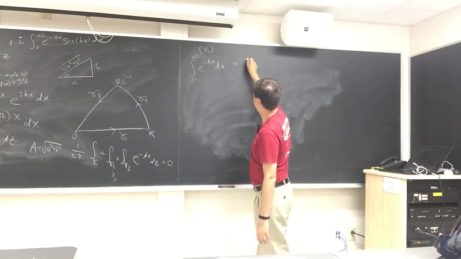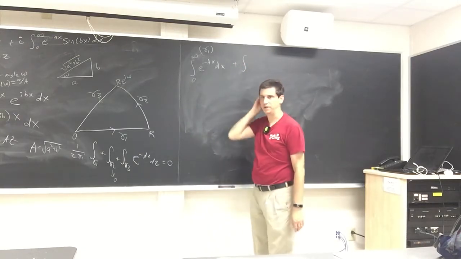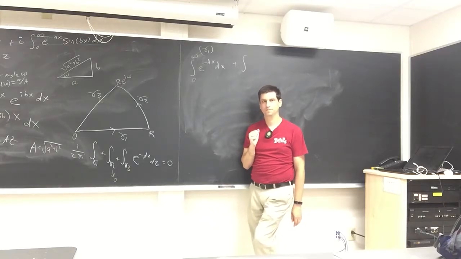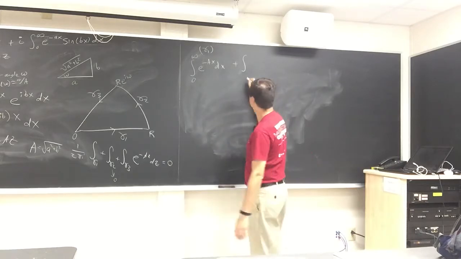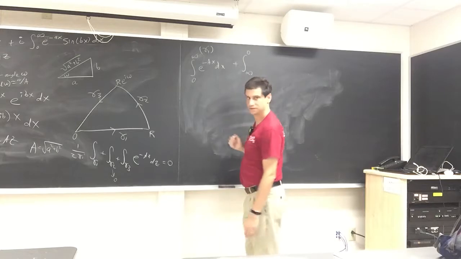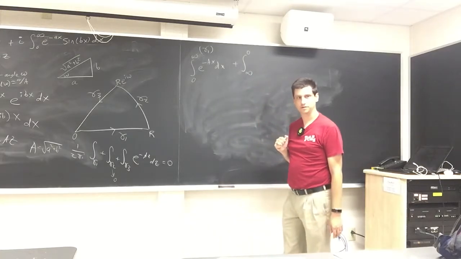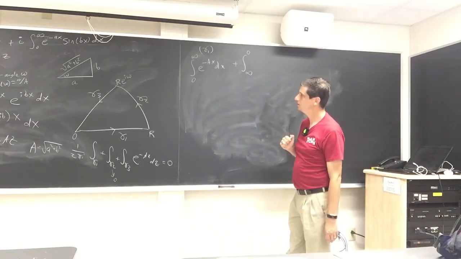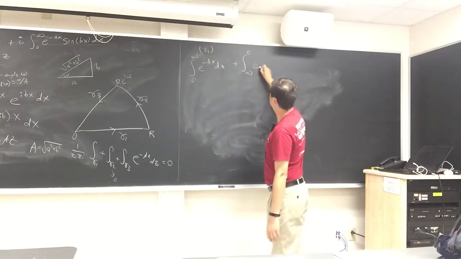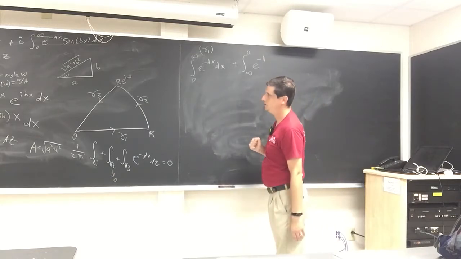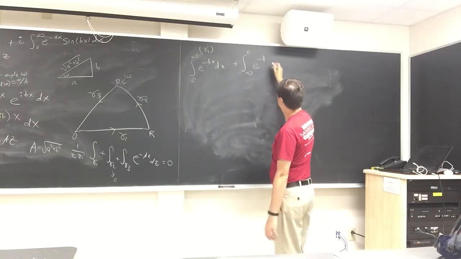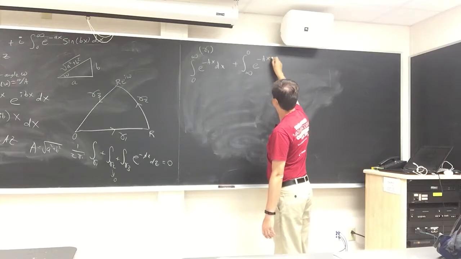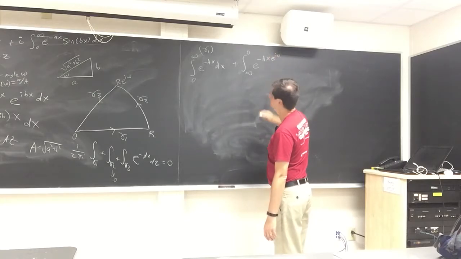And then the gamma 3 piece, where do I go from now? R to 0. Right, but now we're taking things in the limit, so it'll be infinity to 0. So it'll be e to the minus a, and now here, x is going to be, I think it's just going to be x e to the i omega.